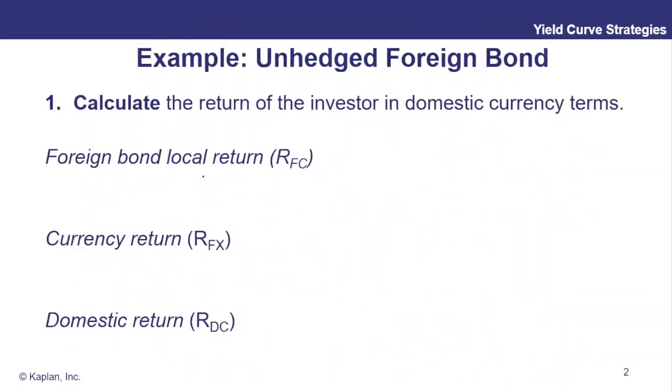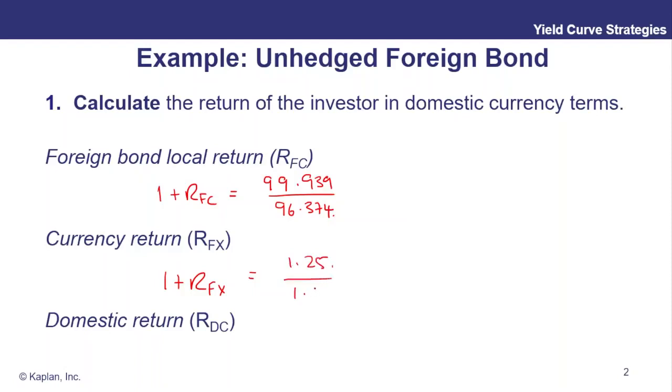In fact, actually, do you know what? The easy way to think about it is 1 plus the return in the foreign currency is just the end price of 99.939 divided by the start price of 96.374. That's the return in the foreign currency. 1 plus the foreign exchange return is ending exchange rate, which we said was 1.25 when we put it the right way up, divided by 1.11.